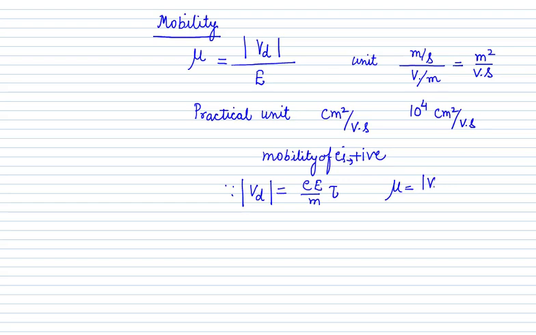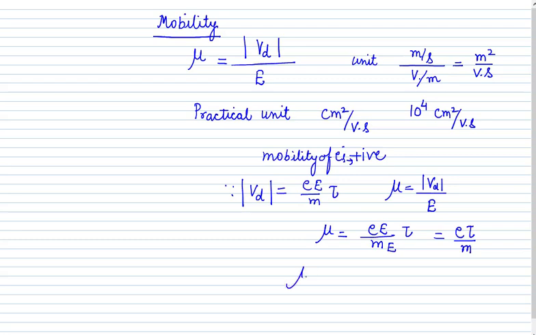So if we put this magnitude of drift velocity in the formula, mu is equal to the magnitude of drift velocity divided by the electric field E, then we may have the formula as mu is equal to, put the value, it is E upon m multiplied with tau, divided by E. So this electric field E cancels out, and this comes out to be E tau upon m. So the formula of mobility, mu, is E tau upon m.